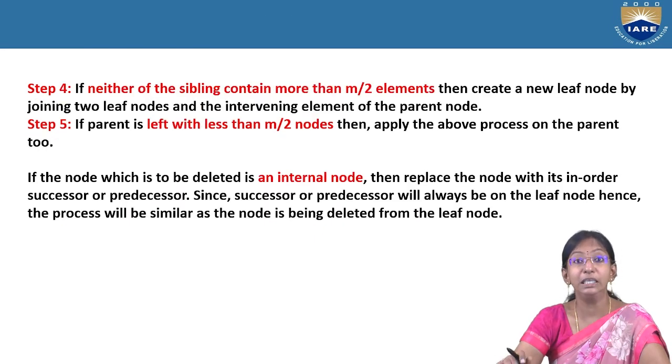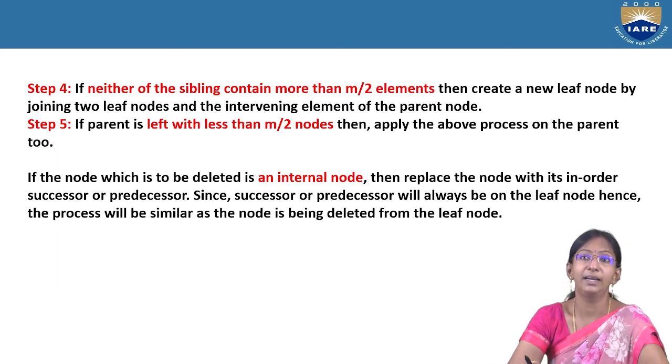If neither of the siblings can help you because removal will bring them down, then create a new node joining two leaf nodes and the intervening element at the parent. Last category: if the parent is left with fewer than m by 2 nodes, that is the last hopeless case, apply the above process to the parent.